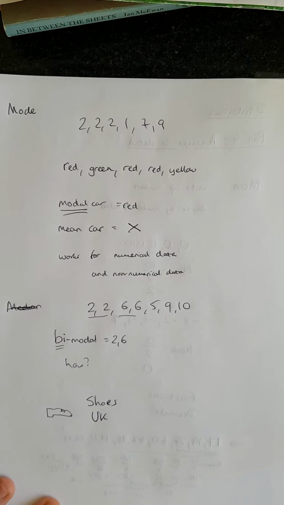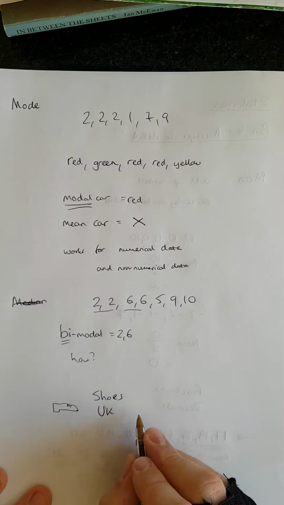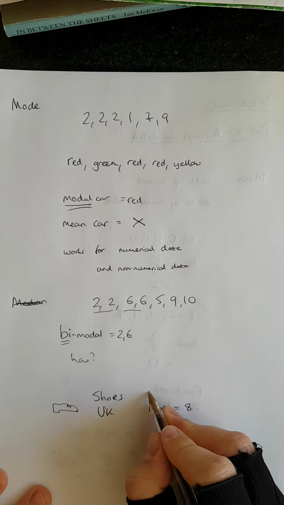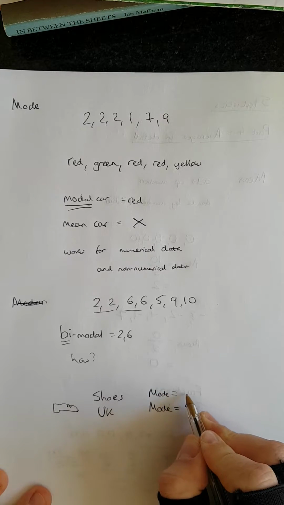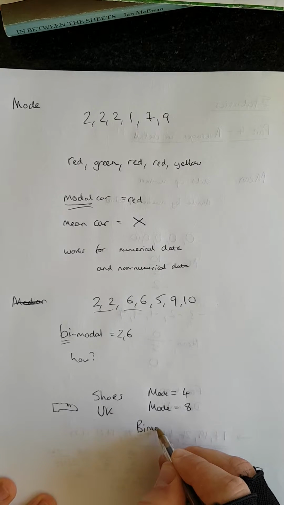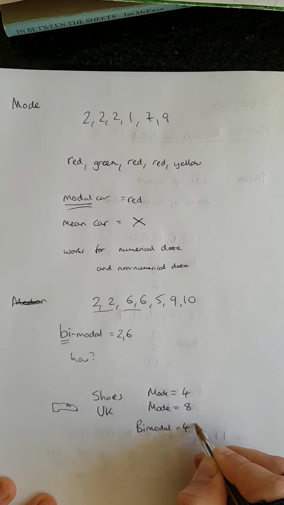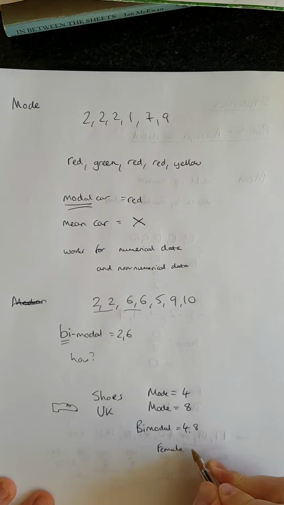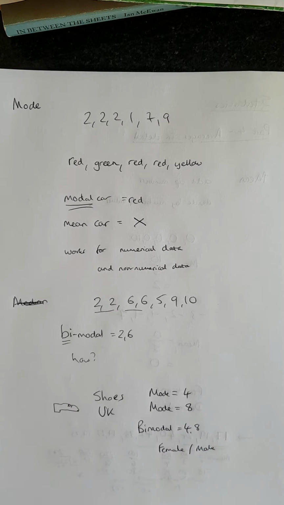We have two groups of people with different sizes of feet. One group has a mode of something like 8 and the other group has a mode of something like 4. So shoes overall are bimodal. And you've probably guessed that it's a female to male split there.